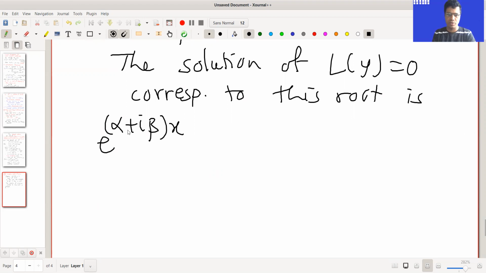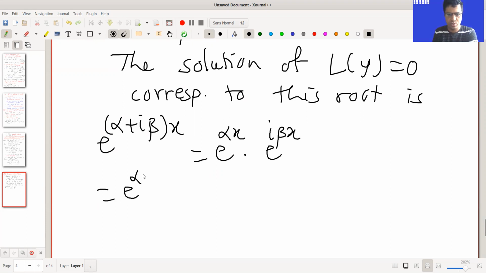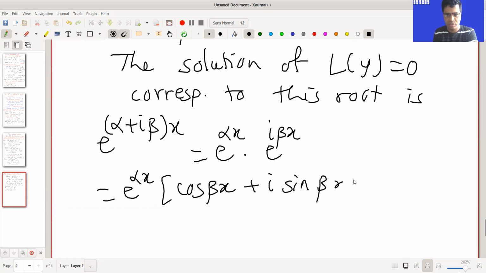So here R1 is alpha plus I beta. Now this is nothing but e raised to alpha x into e raised to I beta x, and e raised to I beta x is cos beta x plus I times sine beta x. Okay, so this is a solution in the complex plane.